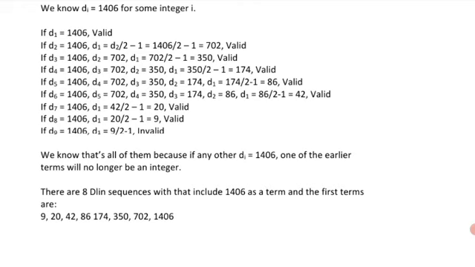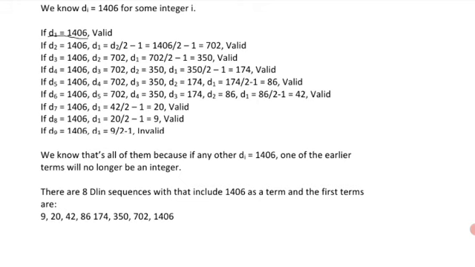First up, if d1 is 1406, this is a valid sequence because we can calculate all the future terms. Now let's try if d2, the second term, is 1406. What would be the first term of this sequence then? We can apply what we derived earlier to find the previous term.